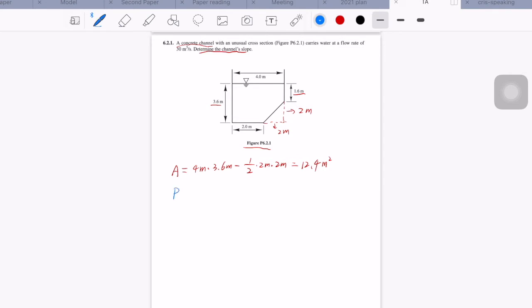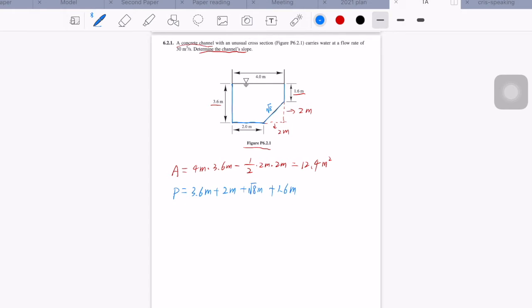And then we need to determine the wetted perimeter P. P equals the length of this side, 3.6 meters, plus the length of this side, 2 meters, plus the length of this hypotenuse, which equals the square root of 8 meters, plus the length of this side, which equals 1.6 meters.